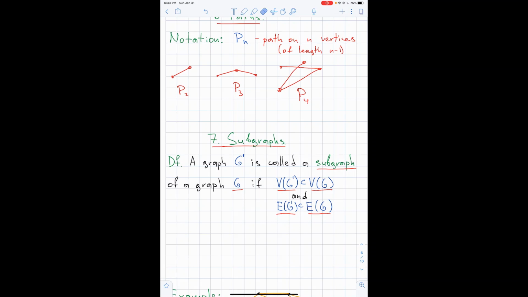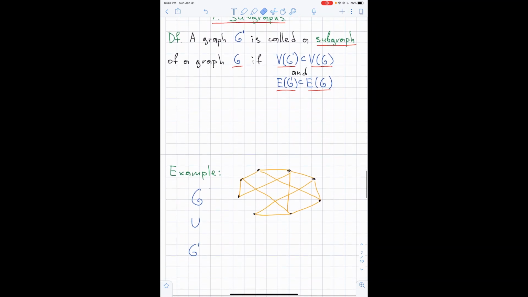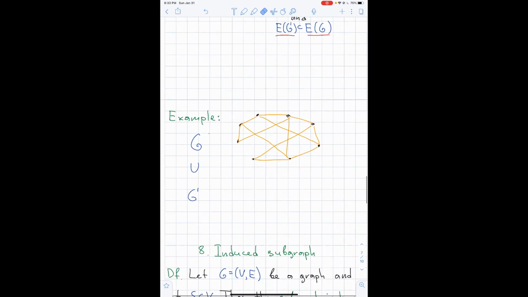This is the set of edges in G. Here is an example. I have a graph G, and if I want to consider a subgraph, let me copy it and just remove some of the stuff from it. Let's say I want to remove this vertex and these two edges. So that's a subgraph.